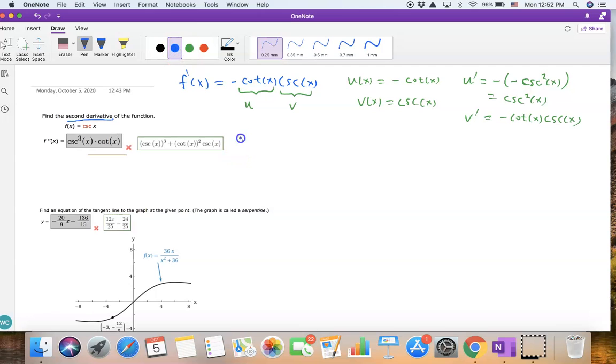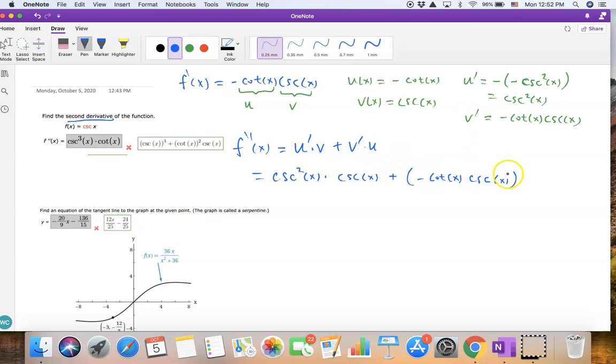Now we can write the second derivative of the function. That's the derivative of u times v plus the derivative of v times u. Plugging back into the formula, we have cosecant squared x times v, which is cosecant x, plus the derivative of v, negative cotangent x times cosecant x, times u, which is negative cotangent x.